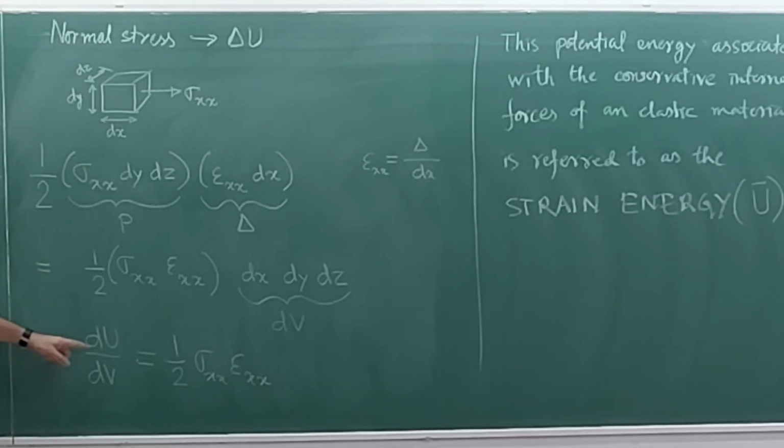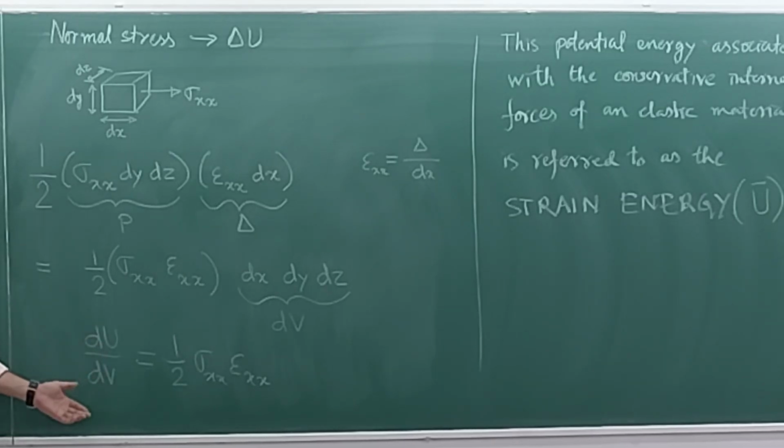Now tell me, if dU is that little incremental change in the strain energy, and I'm taking this with this dV, what is this thing basically representing? Forget the calculus for a moment, just think of it in terms of infinitesimals. dU divided by dV. I am not committing any mathematical crime by saying it is dU divided by dV. Had it been a partial derivative, then it is completely a mathematical crime to say that, because del u del v is not del u divided by del v. But dU dV can be interpreted as dU divided by dV.